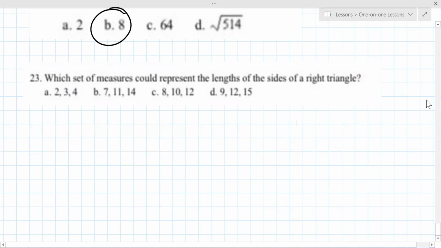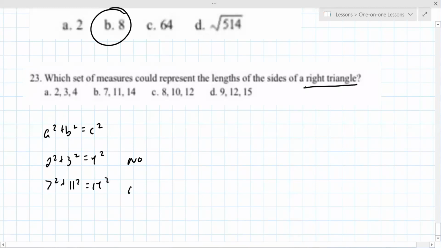Right triangles. I didn't catch this because these all work. We're looking for the one where a squared plus b squared equals c squared. For the first one, it's 2 squared plus 3 squared. Does that equal 4 squared? The answer is no. 7 squared plus 11 squared equals 14 squared? No. 8 squared plus 10 squared equals 12 squared?